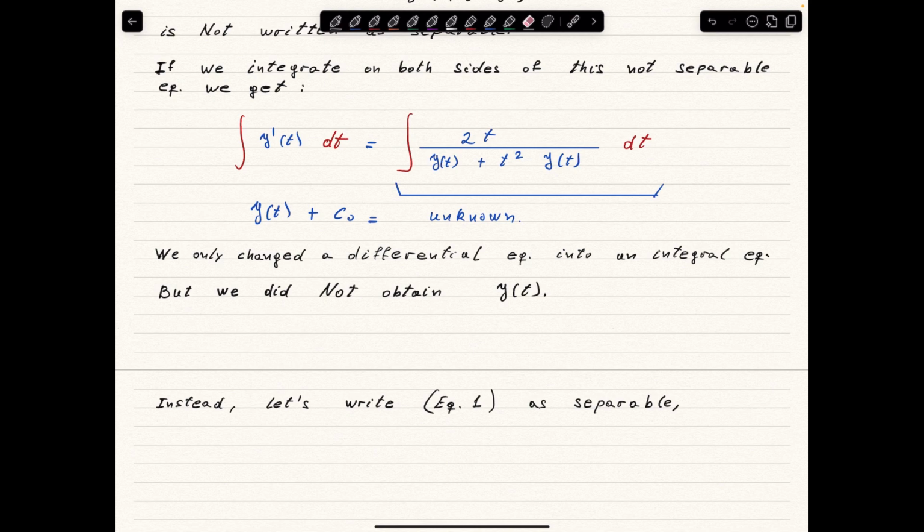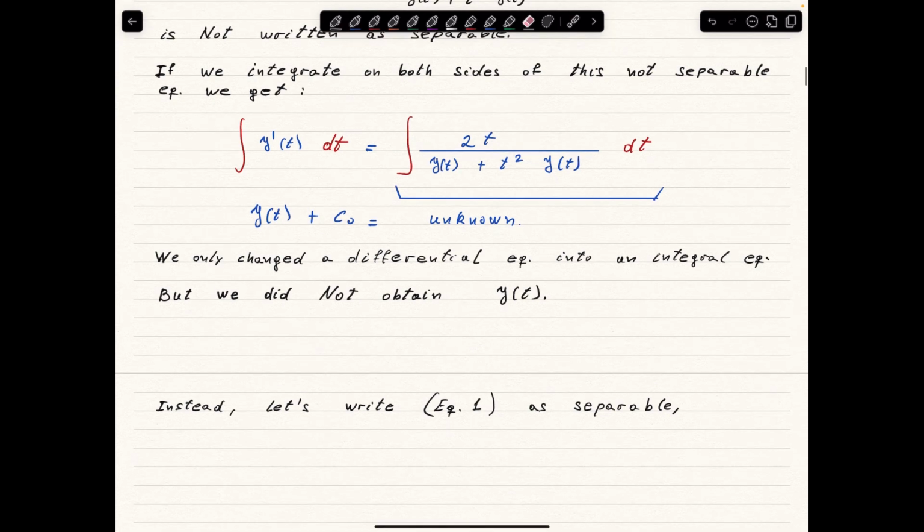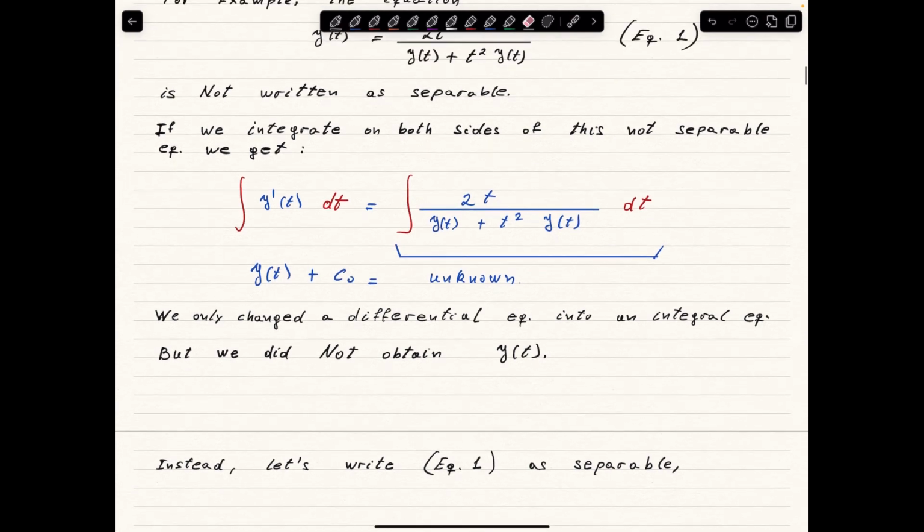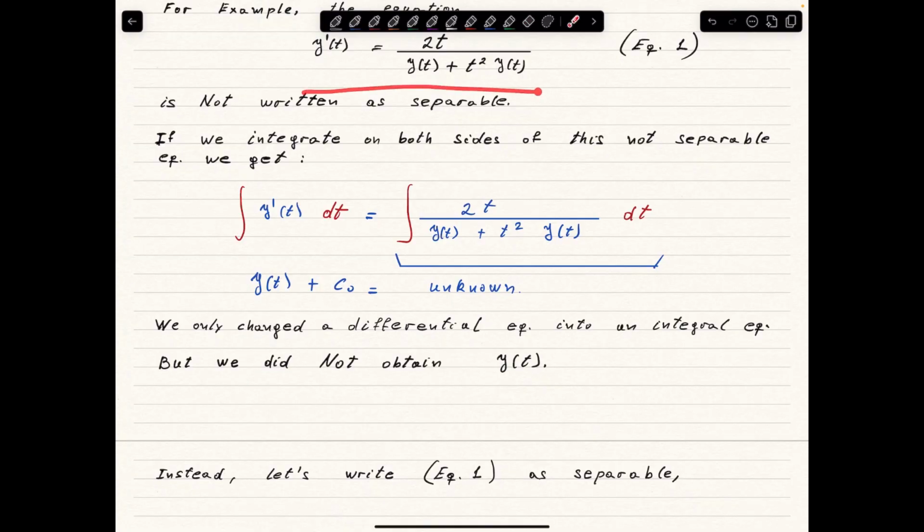if we write the equation in separable form, so how do we write the equation in separable form? Where is the equation? It's right here. Well, the first thing we can do, because we have a factor y here and a factor y, is pull it common factor.